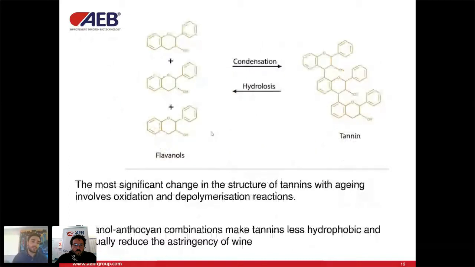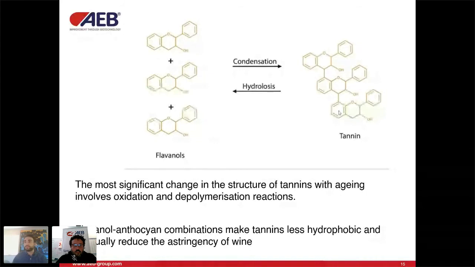Aside from the reactions that involve the anthocyanins, tannins in your wine continuously go through condensation and hydrolysis reactions. These reactions help the wine gradually reduce its astringency. How? There's a change of structure in the tannins because of this breaking and creation of bonds, which reduces the astringency.